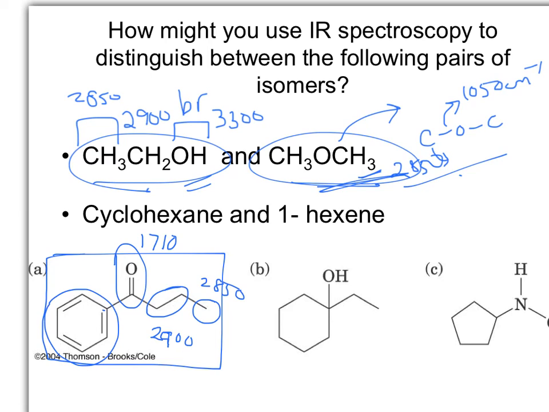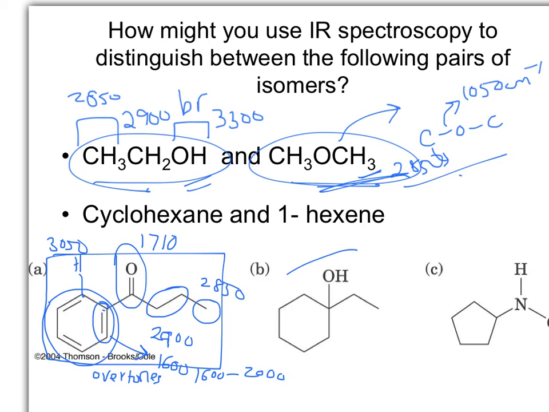This is an aromatic ring, and the C double bond Cs are going to show up at 1600. It is mono-substituted, so there will be overtones between 1600 to 2000. The CHs are going to show up at 3050s, and that will show you exactly what you expect in an IR.